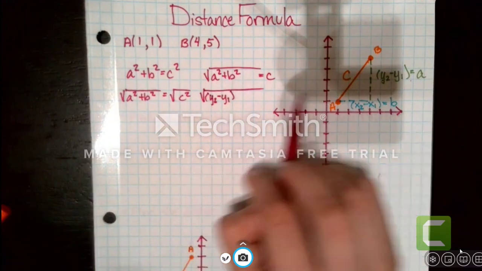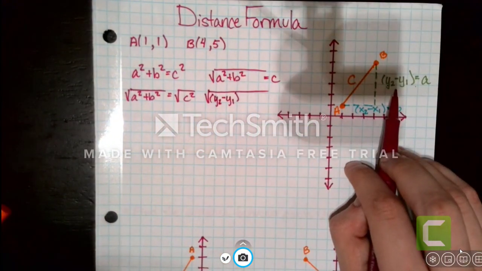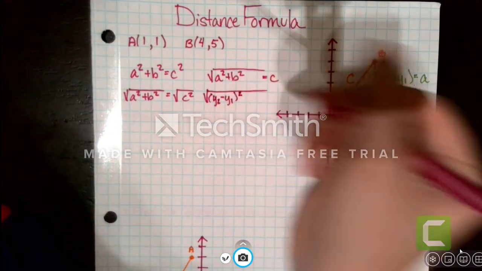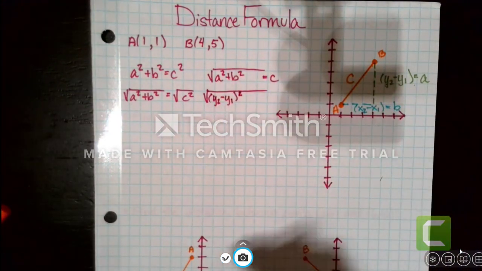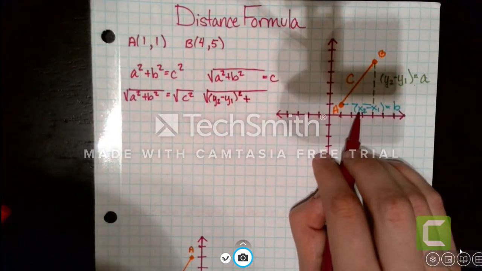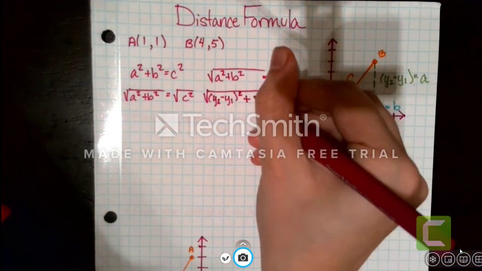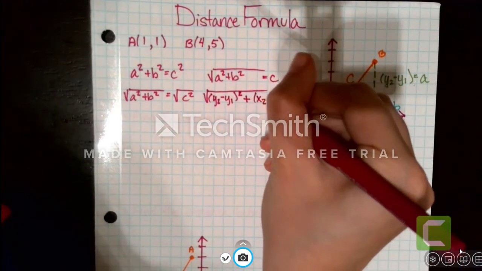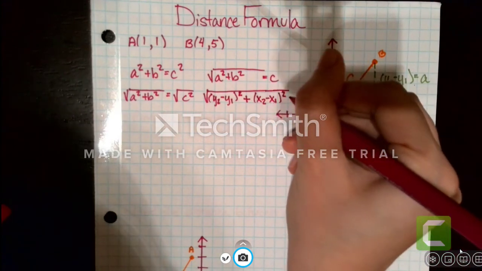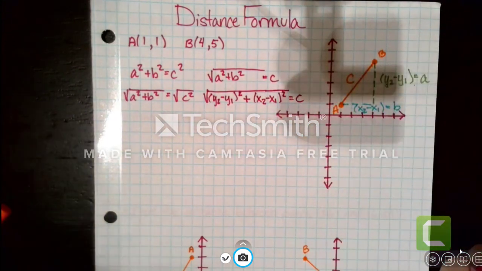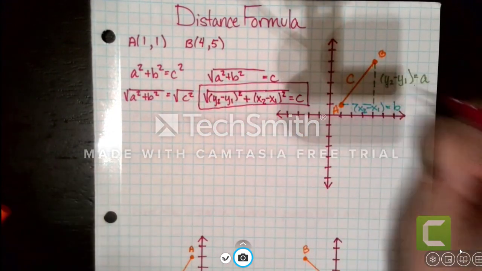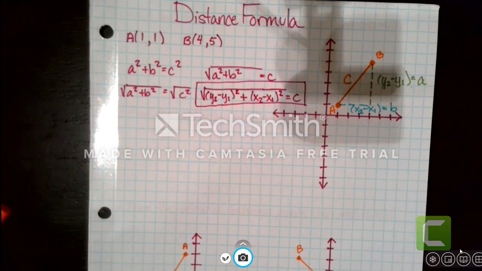Now it is important to note that even though A is this value, we have it squared in our formula, so don't forget to square y2 minus y1. And the same thing goes for side B. Side B is x2 minus x1. So we should have x2 minus x1 squared under our square root. This will give you your missing side. Here is the formula that we will be using for the remainder of this lesson.